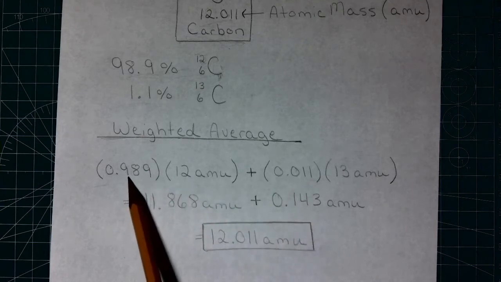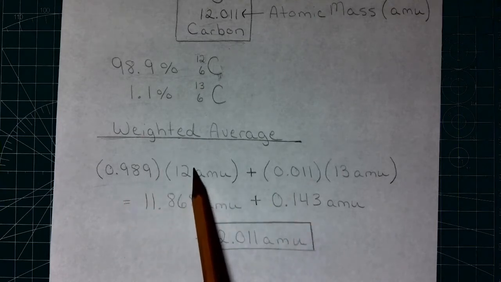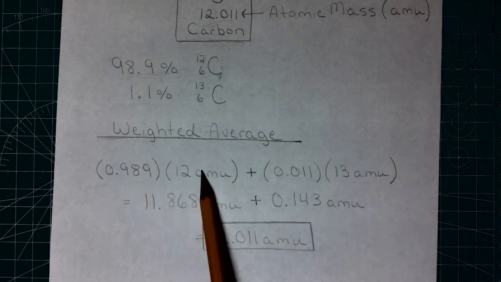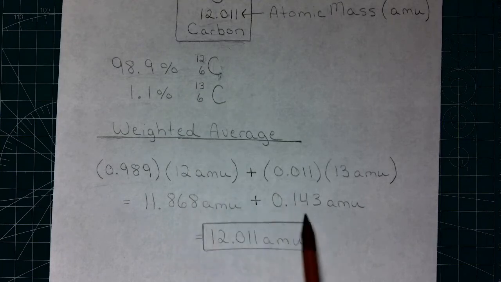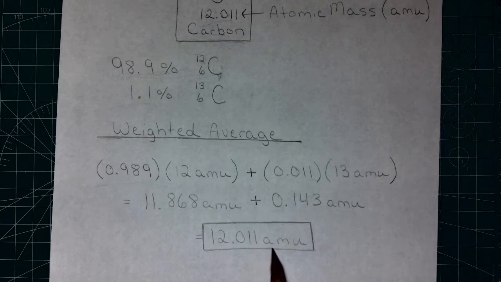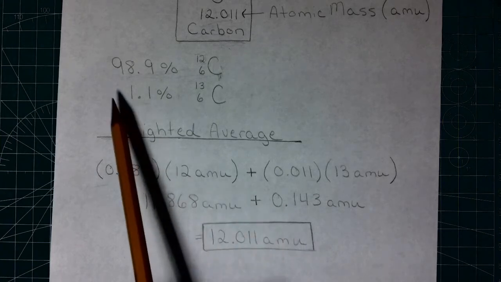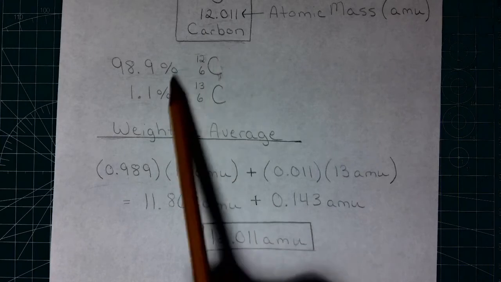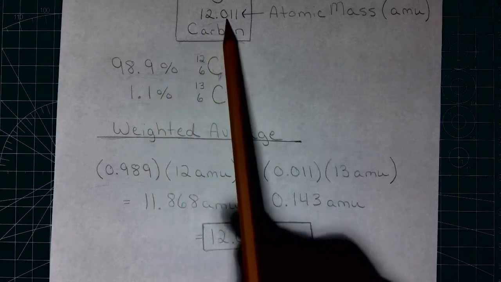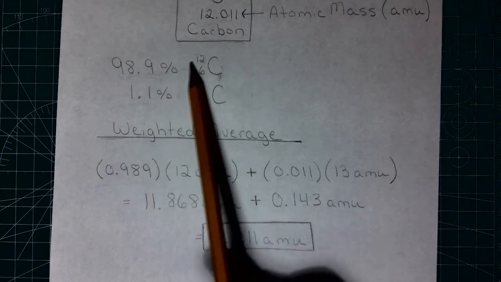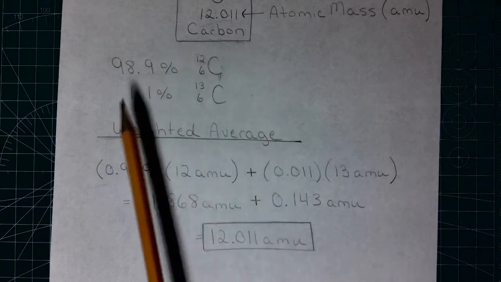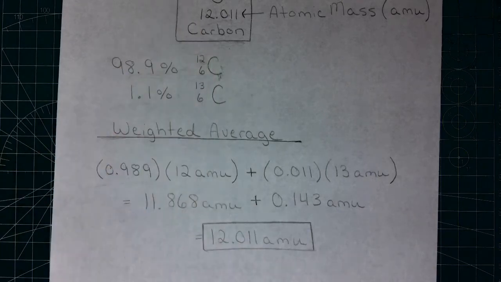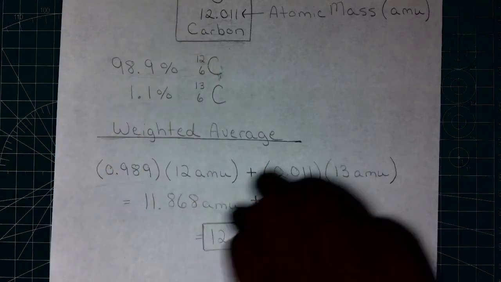I'm then going to multiply these two times the atomic mass value for each, and I'm going to add those together, and I get the 12.011 AMU. So it will wind up decreasing my error to use this weighted average over just, for instance, using 12. And that's where these fractional values of atomic mass are coming from that we see on the periodic table.